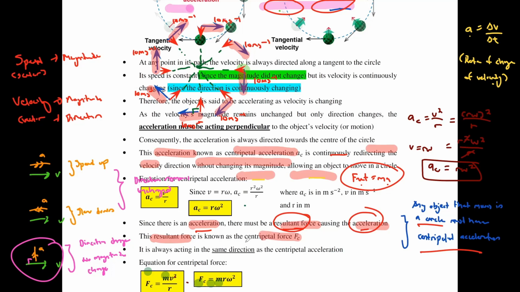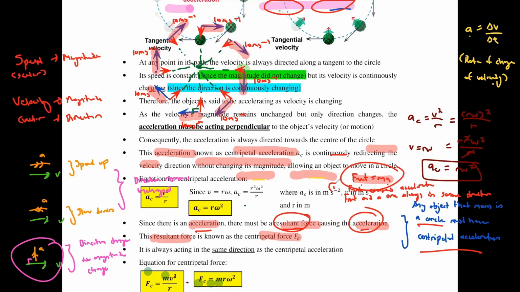And same like what we learned last time, it was mentioned that F net and a are always in the same direction. Resultant force causes acceleration. That is what we know. The F net causes acceleration.